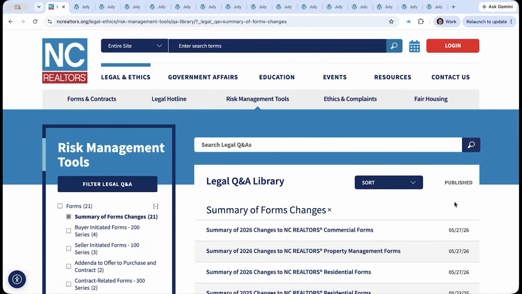You can access the NC Realtors Legal Hotline as a free member benefit. You can email or call. Either one is fine, although I would request that, if you really want a response in writing, start with the email first. That just makes it easier, because if you call and leave a message, we are going to call you back. And if you send a call and an email, then you might get two responses.